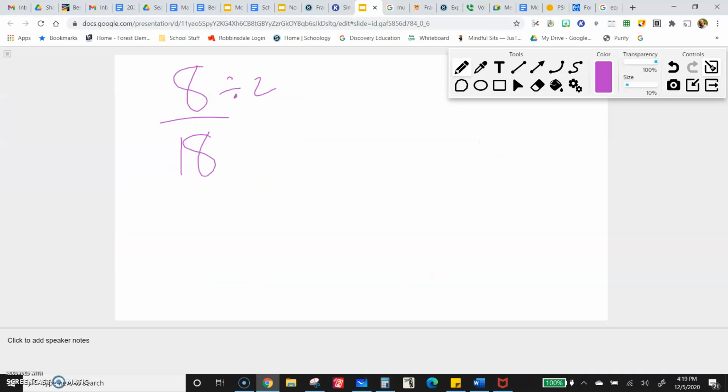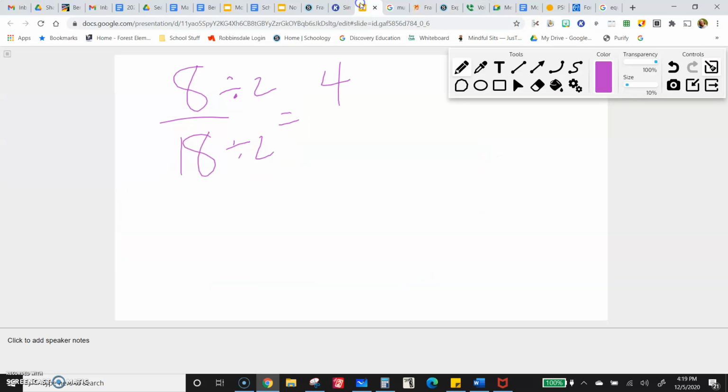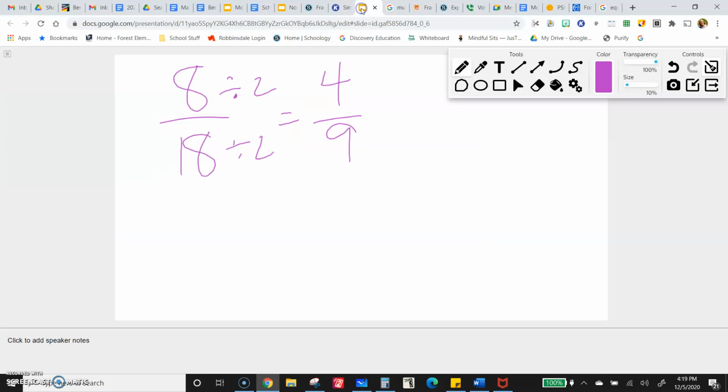So if I divide them by 2, they're both even. 8 divided by 2, I might know is 4. 18 divided by 2, I might have to go check. So again, I look in the 2 row for 18 and I say, 9 times 2 is 18. So if I divide by 2, I get 9. Now 4 and 9, I'm not going to find those anywhere in the same row.